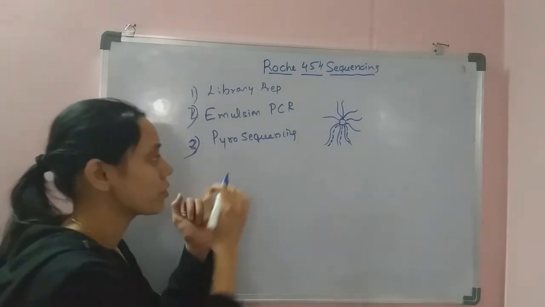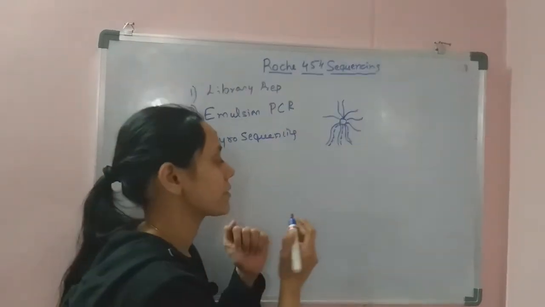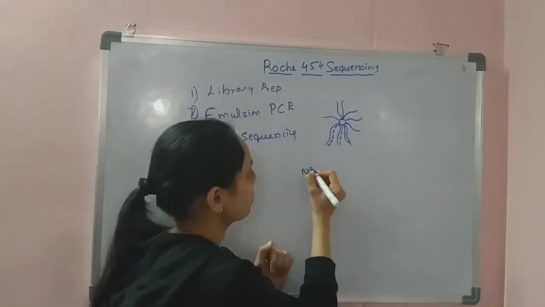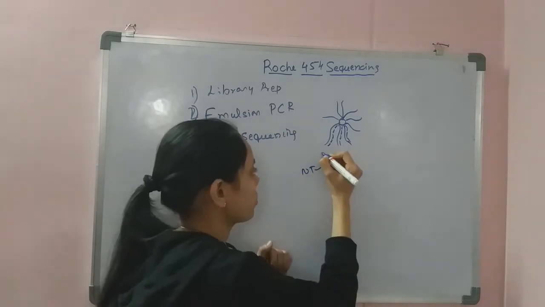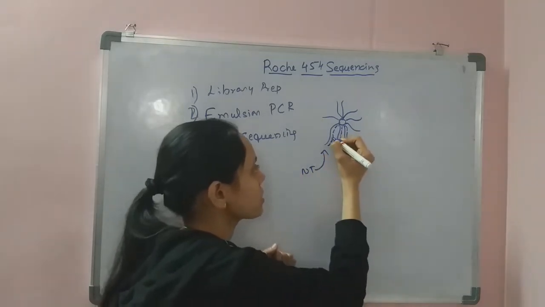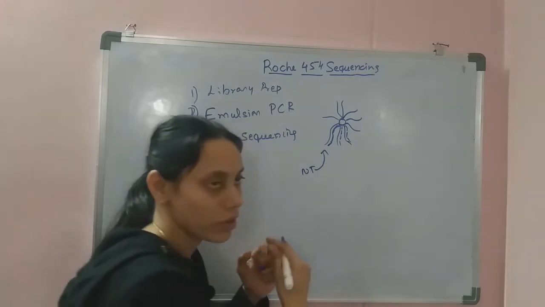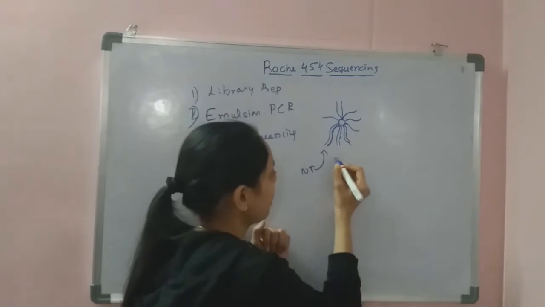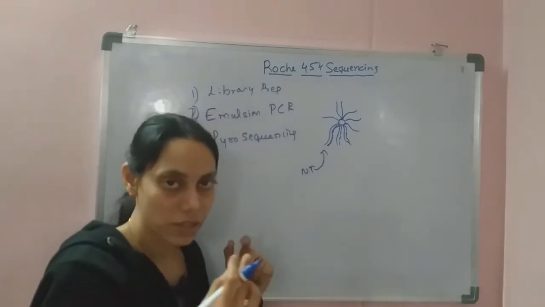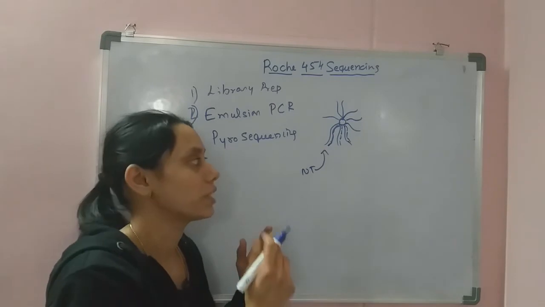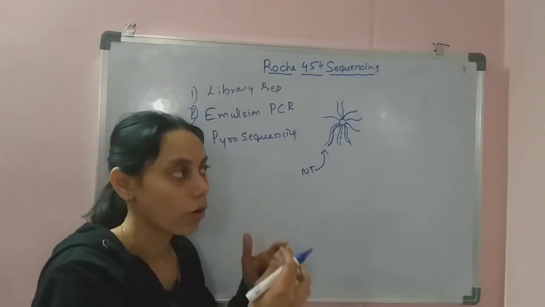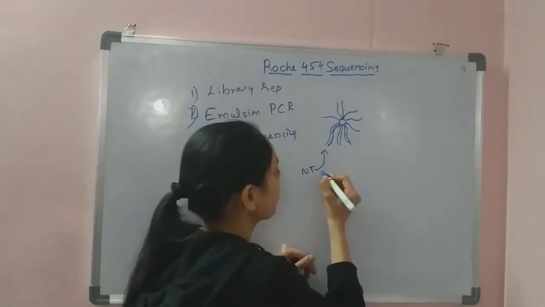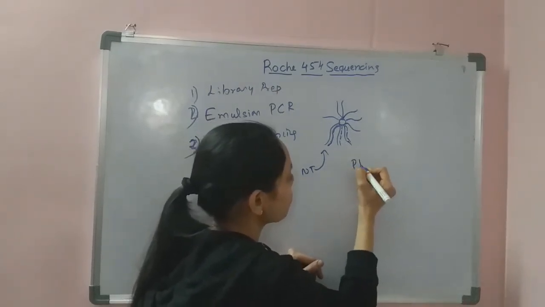In pyrosequencing, the basic technique is like that. Let us consider there is a nucleotide addition during the complementary strand synthesis. Here this nucleotide is going to be added. Due to phosphodiester bond formation with the adjacent nucleotide which already exists in the sequence, there will be a release of pyrophosphate.